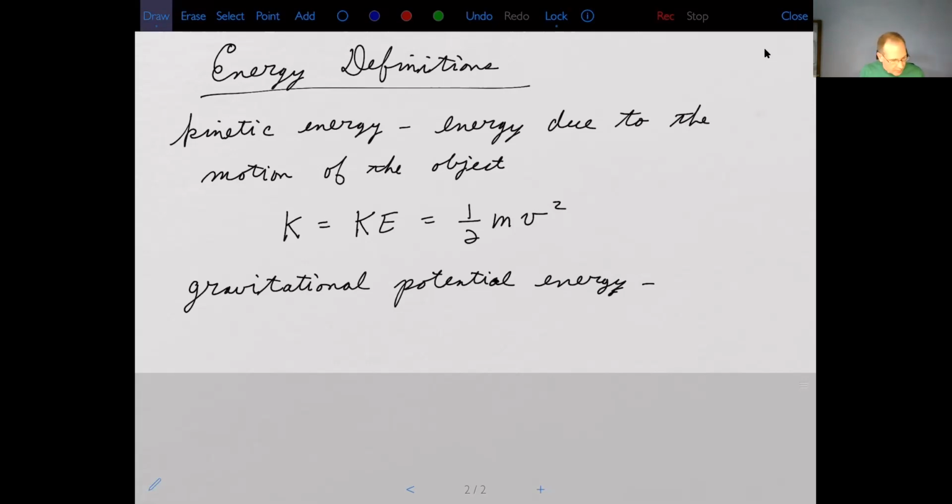However, it's easier to think about this as just the energy due to the position of an object in a gravitational field.